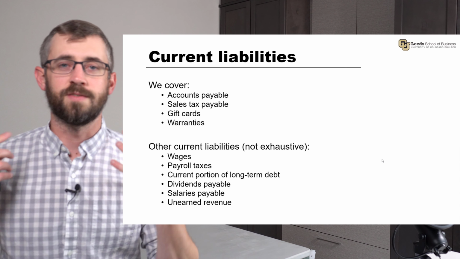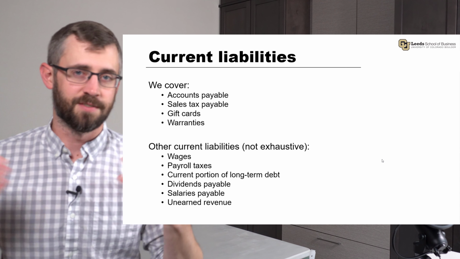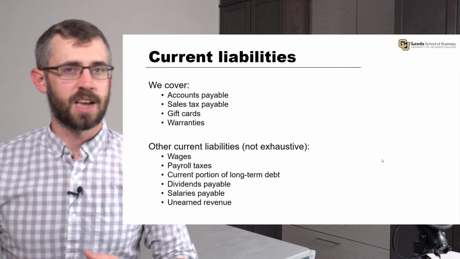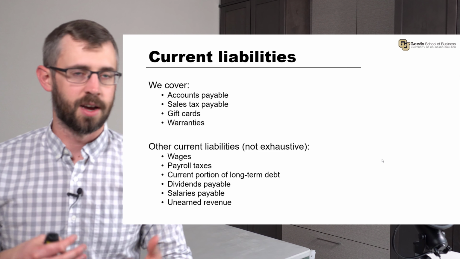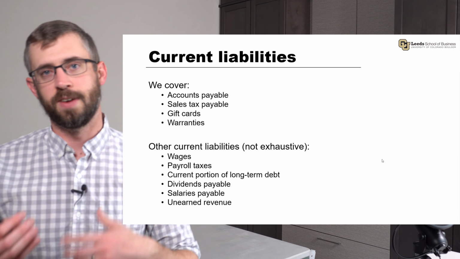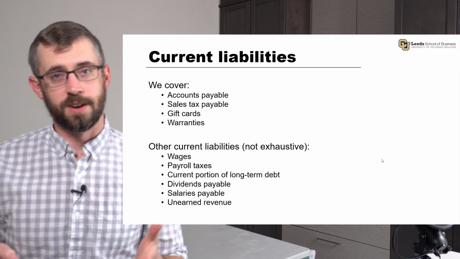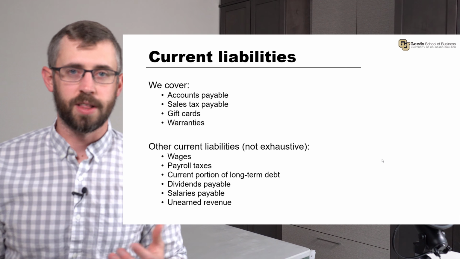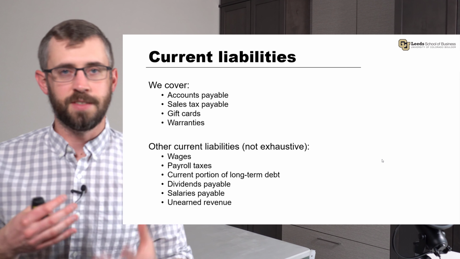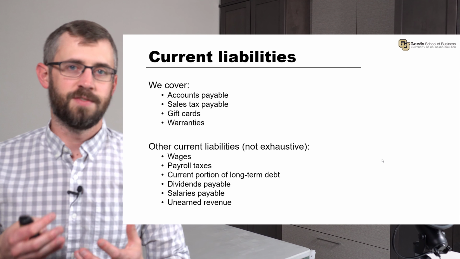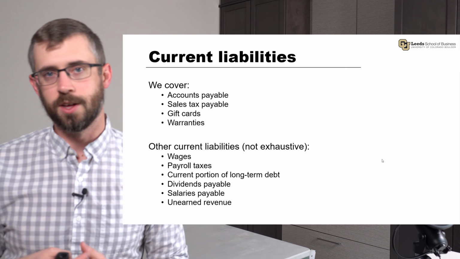And there are all sorts of other current liabilities that you're going to see, different accrued expenses. There are compensated absences, so PTO or vacation days or sick days, that kind of stuff companies have to accrue. There are tons of different current liabilities. We can't cover them all here, but hopefully giving you the flavor of these four is going to make the other ones very easy to learn when you see those in practice.